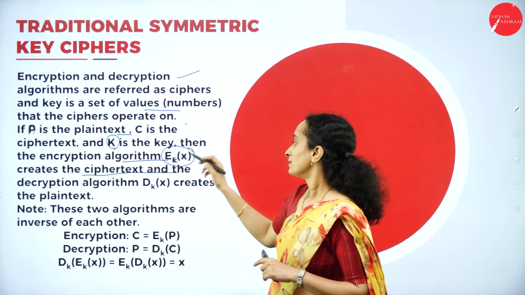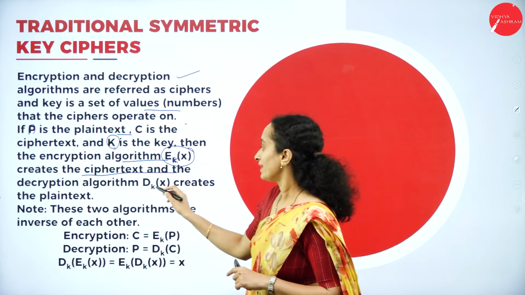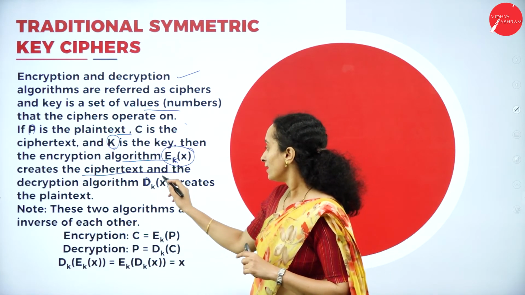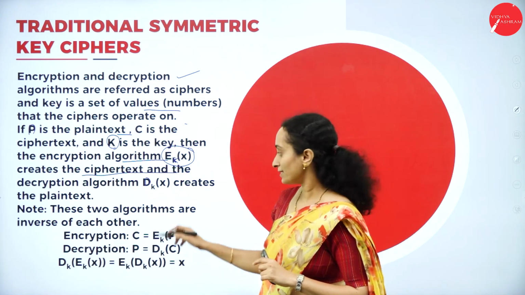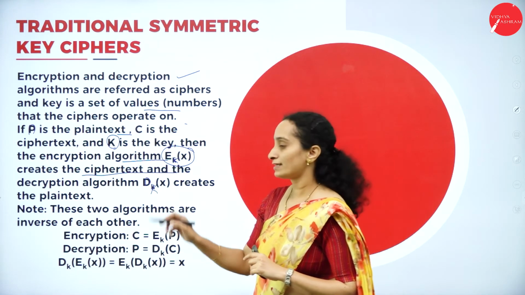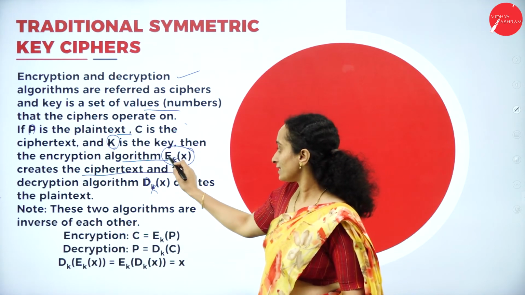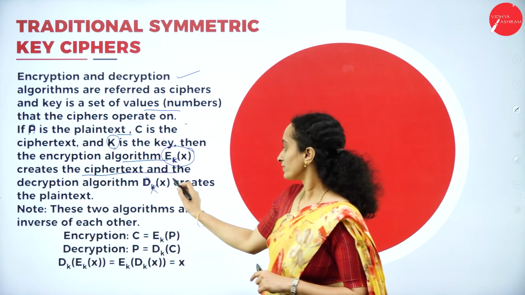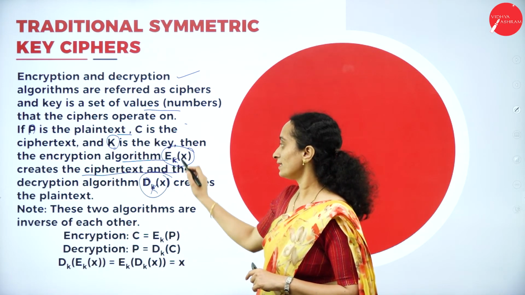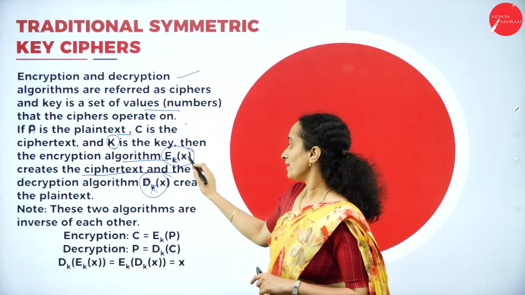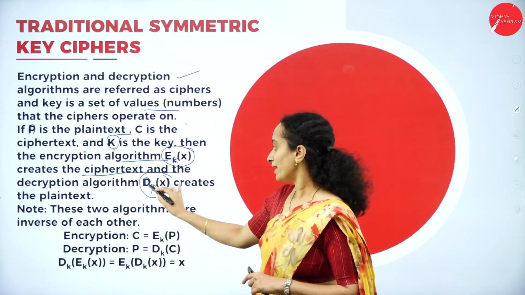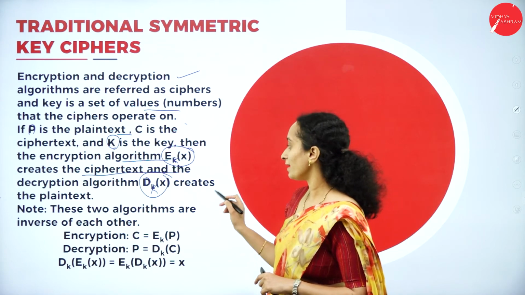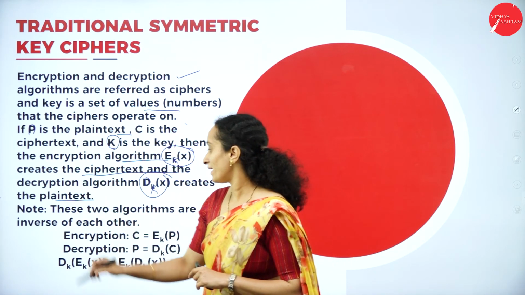It creates the cipher text, and the decryption algorithm D can be represented as D of x with the key k, where x is the message. Here the encryption algorithm and the decryption algorithm are represented using E of x with the base k and D of x with the same base k, or the key k, which creates the plain text.